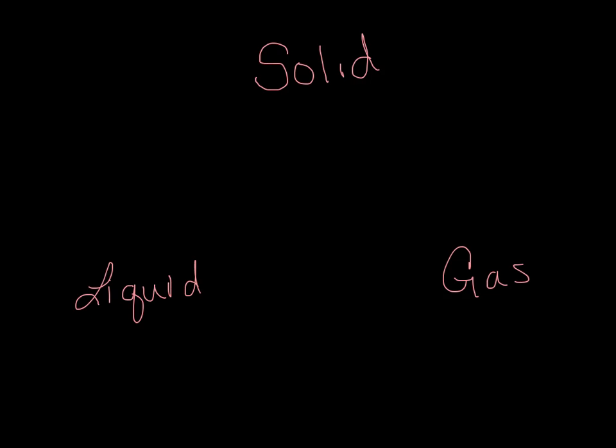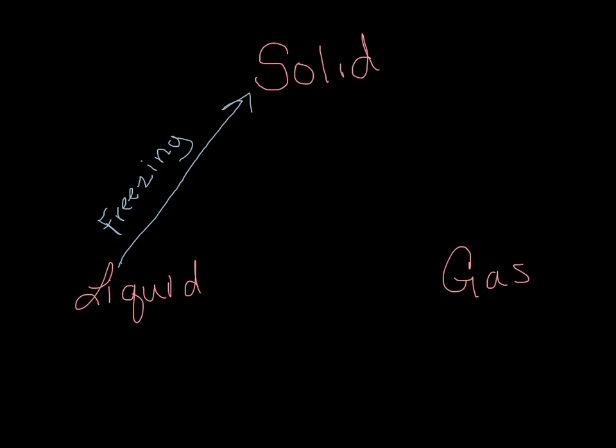Okay. So if we're going to lose energy and go from a liquid to a solid, we call that freezing, because we have to lose energy in order to get colder.